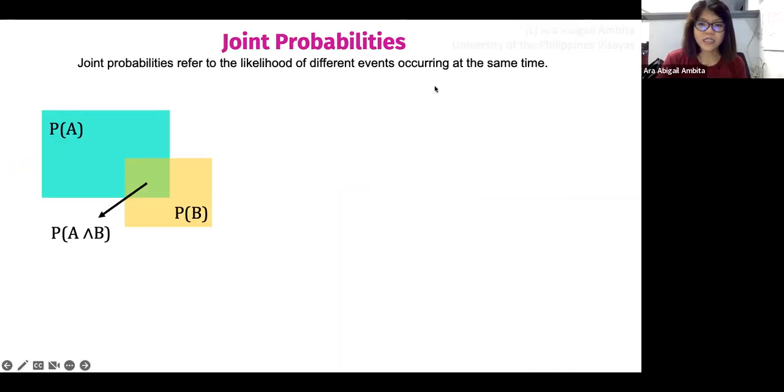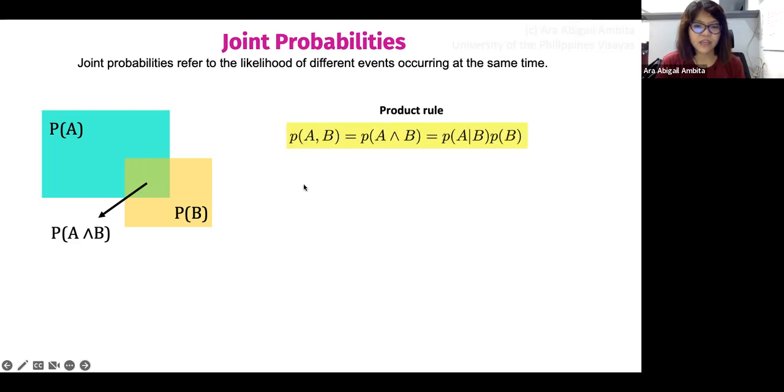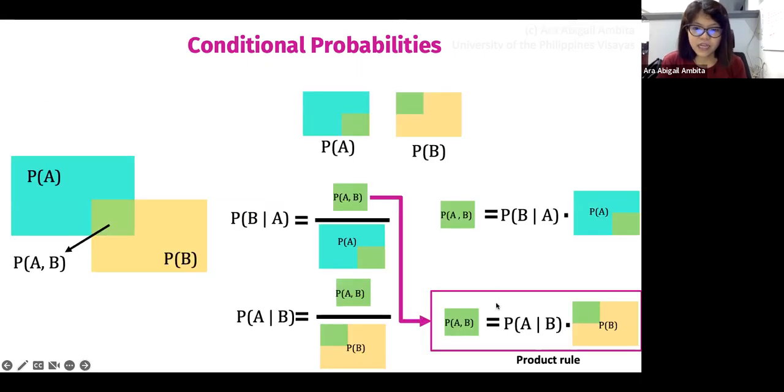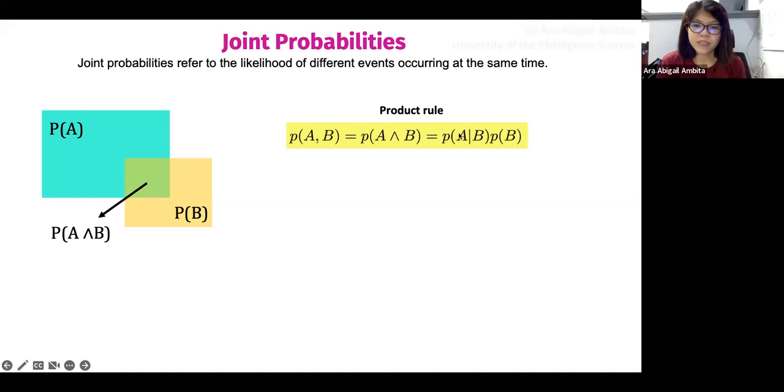As already mentioned in the previous slides, we have the joint probabilities, and this refers to the likelihood of different events occurring at the same time. In this Venn diagram, the joint probability would be this intersection between the probabilities of two events. From the previous slide, we have already shown that this joint probability may be computed from this equation, the probability of A given B times the probability of B.